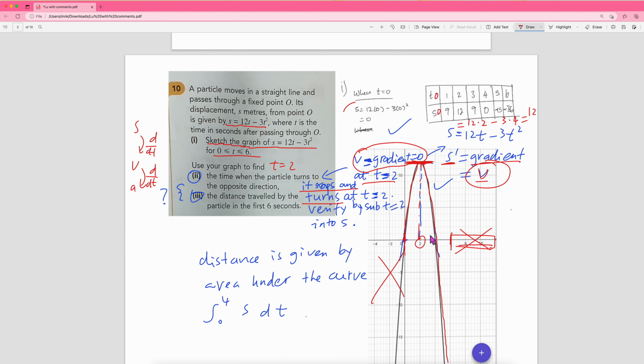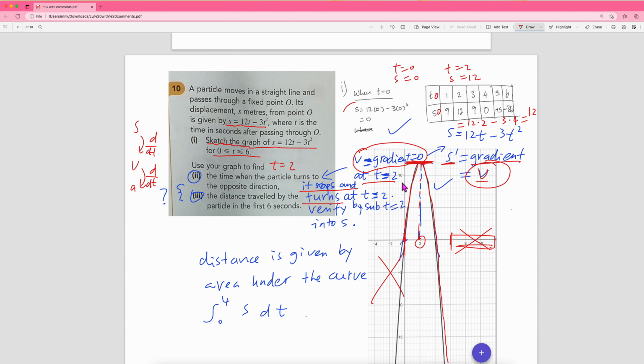So when t equals to 2, s equals to 12. How do I know whether it turns or not? I write down t equals to 0. What's my s? 0, right? Okay, good. So done for the first question.